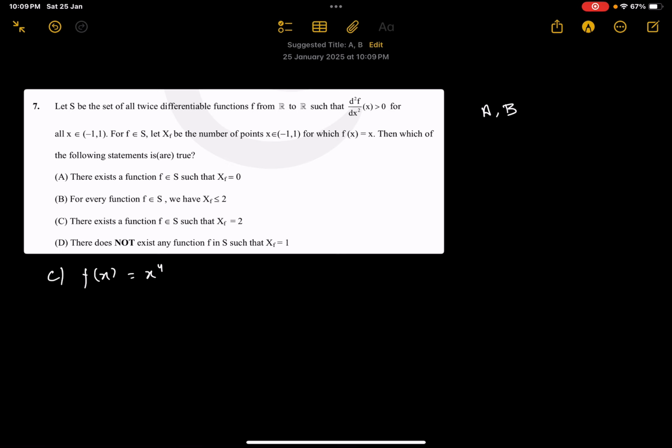Okay, so not x to the power of 4, but let's say x to the power of 4 by 8. So x to the power 4 by 8 minus x gives us x into (x cube by 8 minus 1). So this gives us the solutions 2 and 0. So it has 2 solutions. So C is also correct.